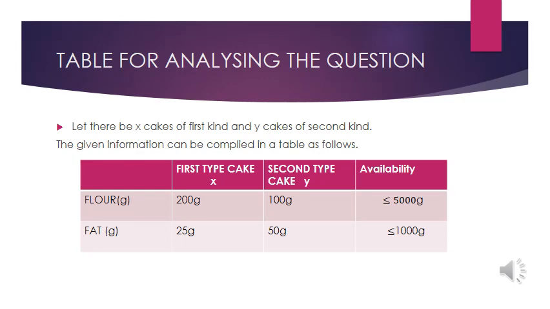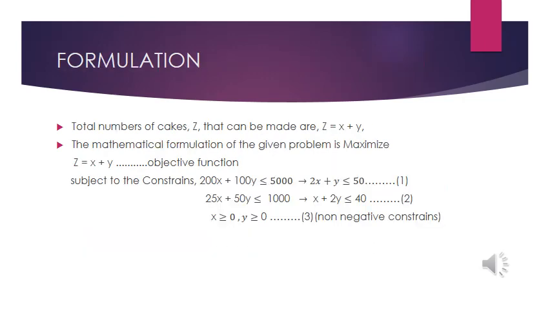The availability of fat is 1 kilogram, that is 1000 gram. In this problem, the objective function is also a maximum function, which is the number of cakes should be maximum. Here Z is the number of cakes. Then the objective function is Z is equal to x plus y.